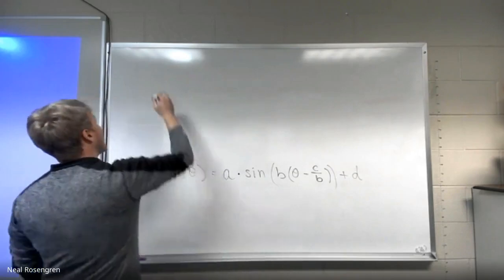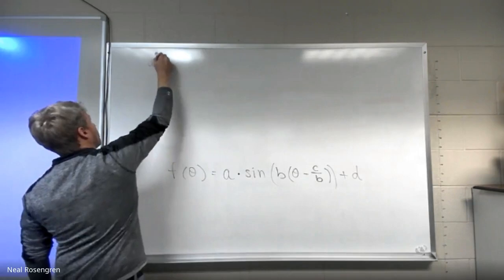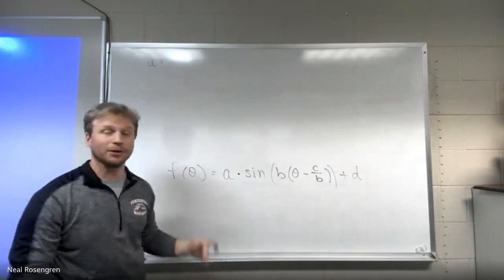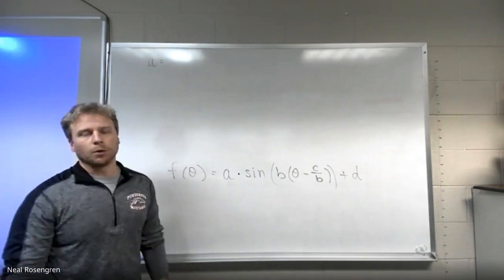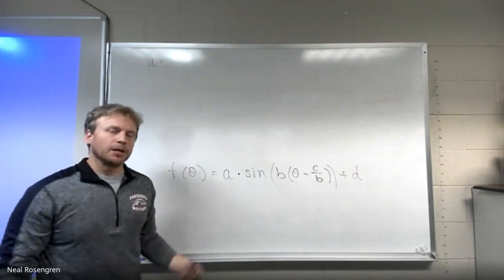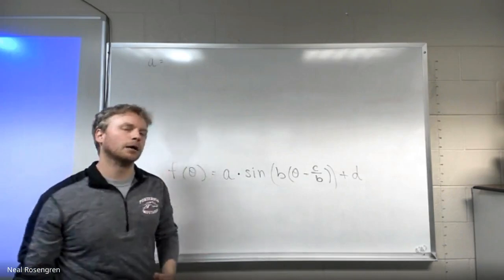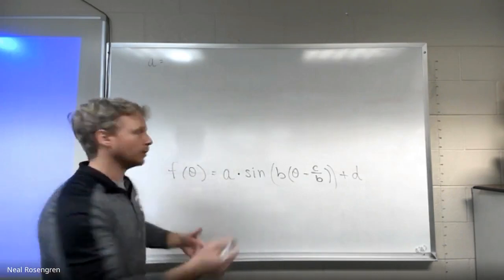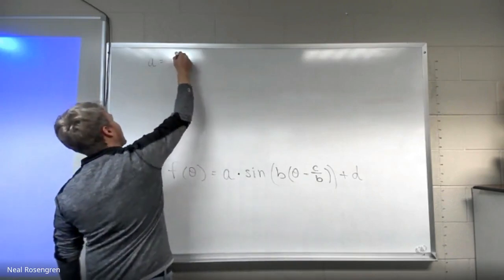Here we go. A, of course, is the vertical stretch or compression. It's the reflection. Whatever goes out there, that's what it's going to do. But we give it a name because of what it looks like on the graph and also what its applications are outside of just plain old looking at math stuff. It's called the amplitude.